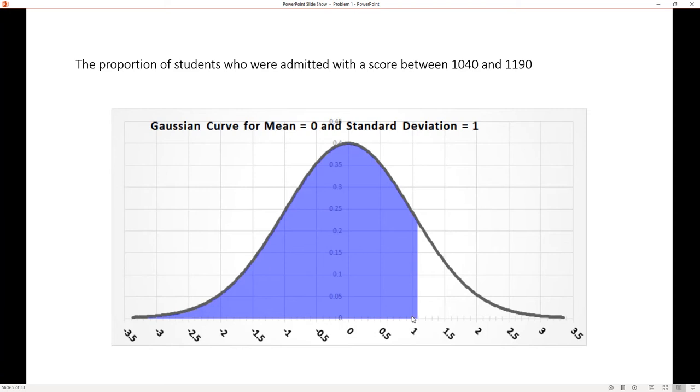So if I were to guess, I would guess that it's something around, I don't know, that looks like 80% of the data. I'm not 100% sure. It might be a little more than 80% of the data.